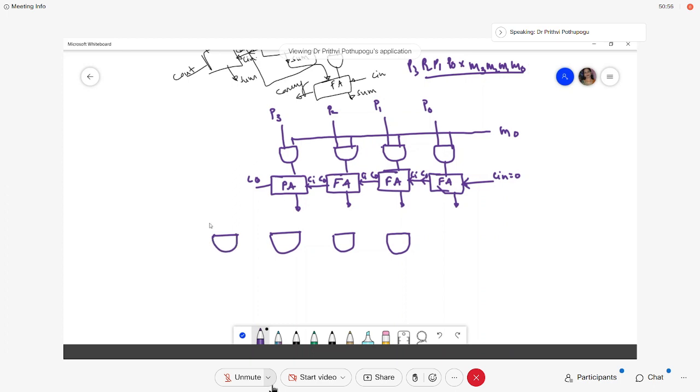Now this becomes P3, P2, P1, P0, and this will be M1.